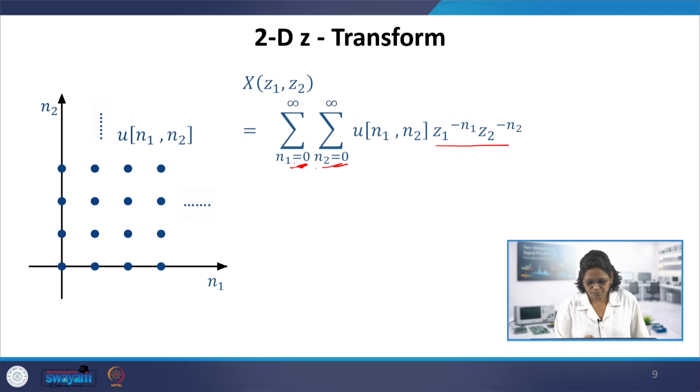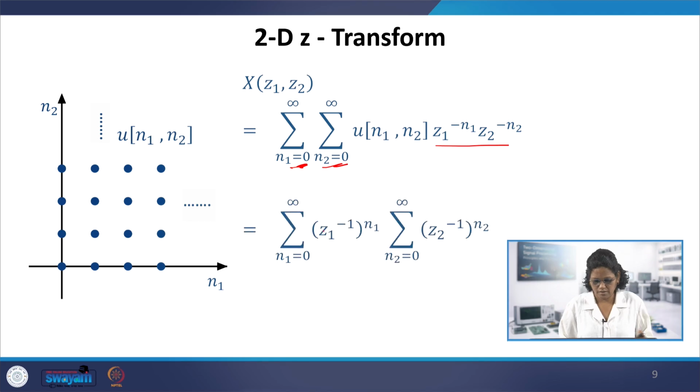So this summation, how can we simplify it? All of the values of u are 1 here, right? Now there is a summation over n1 and a summation over n2. If you split the summations, z1 from n1 equals 0 to infinity and z2 from n2 equals 0 to infinity.